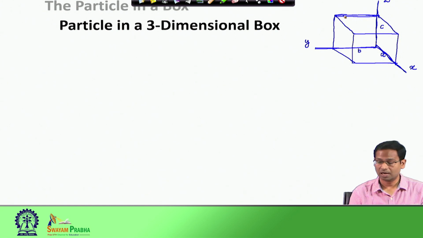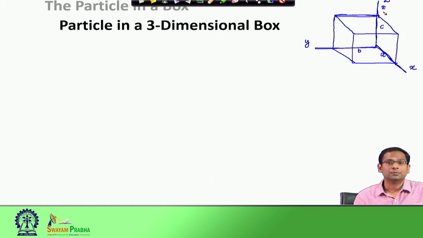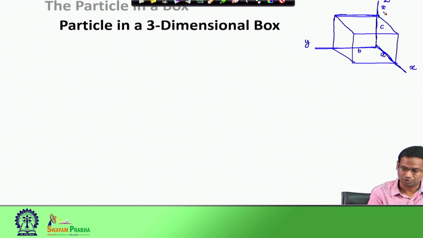Like we had for the particle in a one dimensional box, we defined that the particle experiences zero potential energy within the box, and infinite potential energy outside the box. We would use the same definition over here.